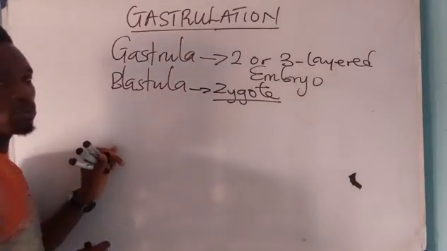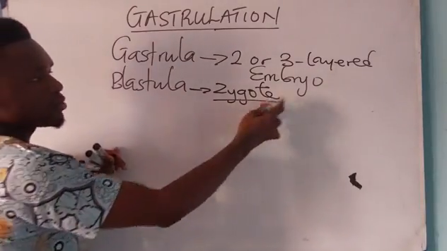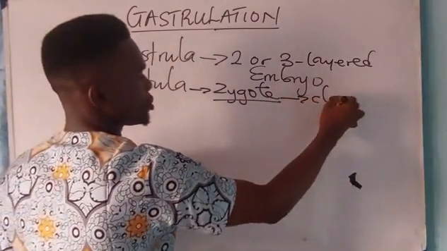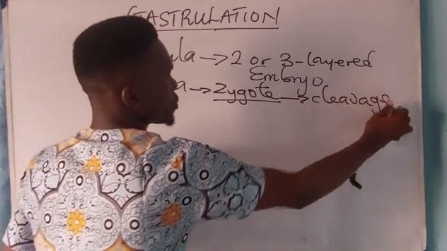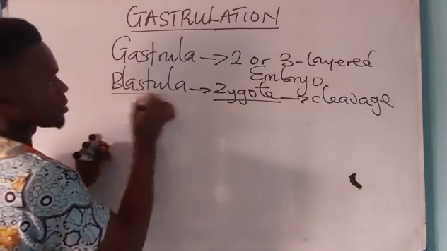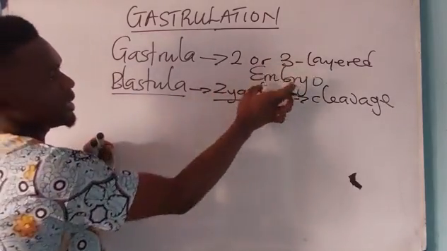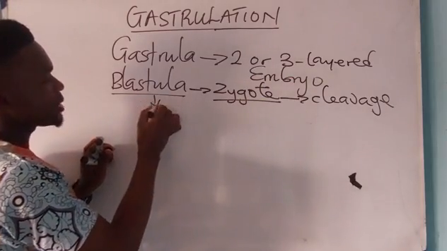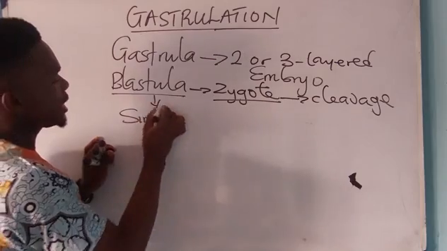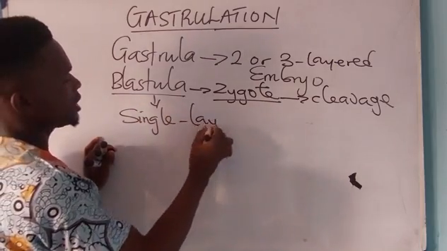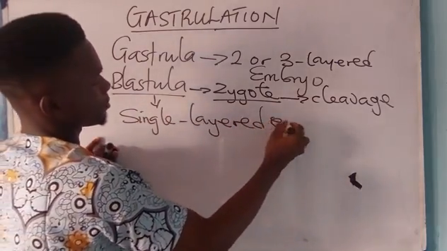The zygote undergoes cleavage to produce what? Blastula. Now, if the gastrula is a 2 or 3 layered embryo, it means that the blastula is a single layered embryo.